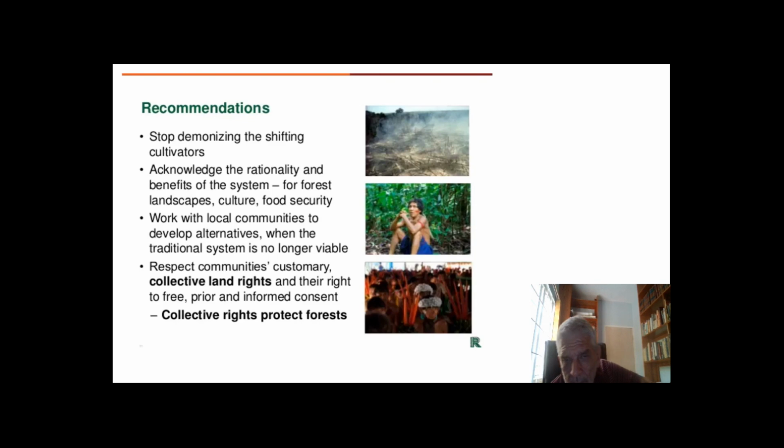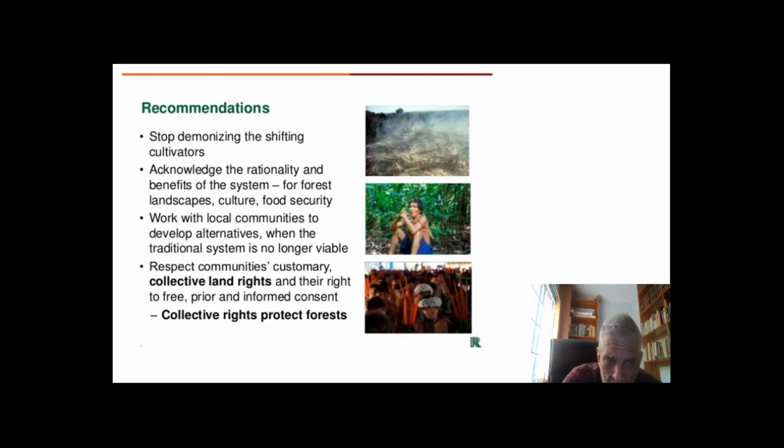So the recommendations that are made: stop demonizing shifting cultivators. They're not the people who are causing any problems. So acknowledge the rationality and benefits of the system for forest landscape, food security, culture even, and work with local communities to develop alternatives where traditional systems are no longer viable.